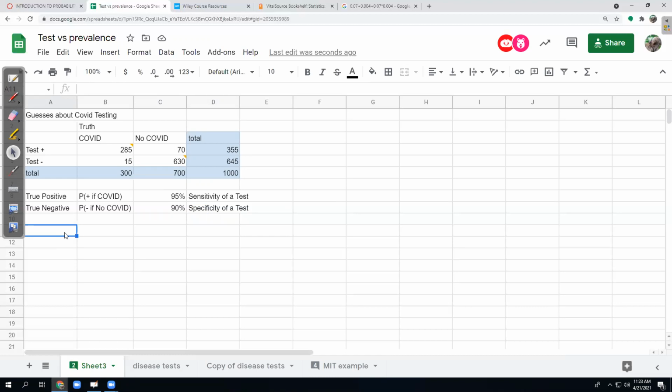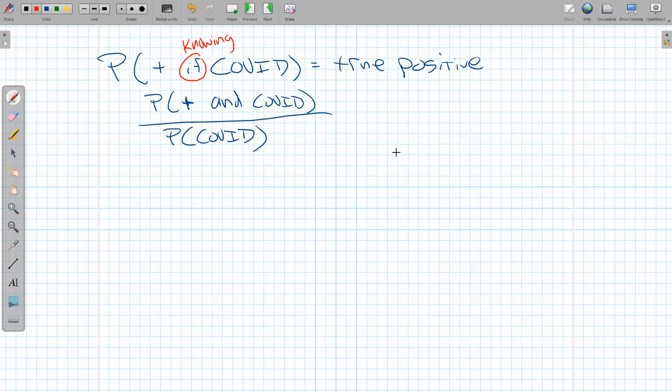So the idea of a false positive and a false negative, so those ideas. False positive. And I'm going to write this down in some human language before I get to the language of statistics. What is false positive? So false positive means the test said they were positive, but it's wrong, right?